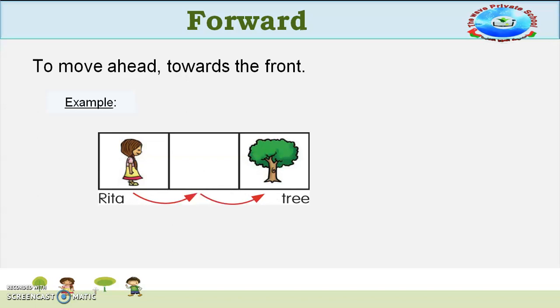Rita is standing facing the tree. If she wants to get to the tree, she needs to walk 1 and 2 steps towards the front. That is, we can say that Rita walks 2 steps forward to get to the tree.